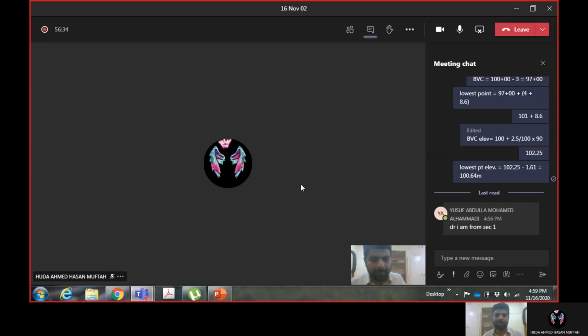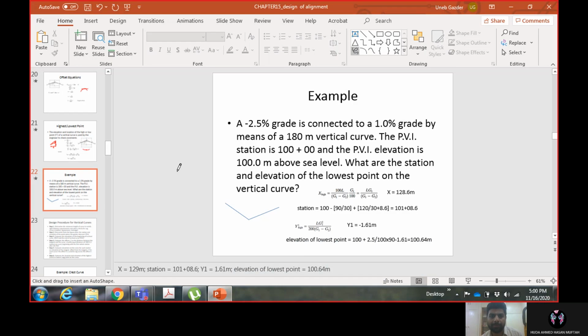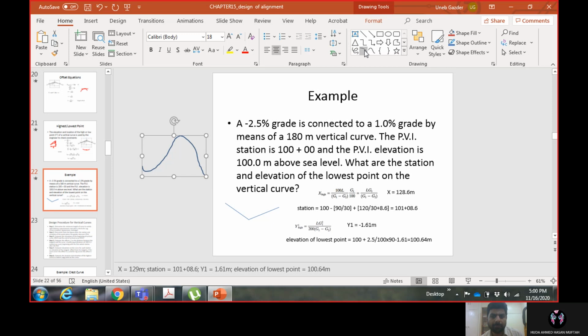For example, your graph looks like this. Now on this graph, you make a line which is 150 meters. 150 meters was the free haul, right? So this line is 150 meters. Now you see where this line is touching the graph.